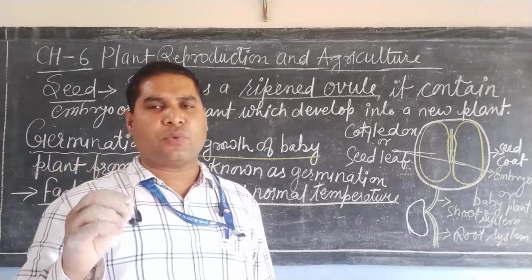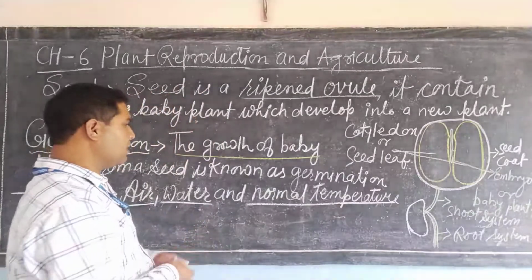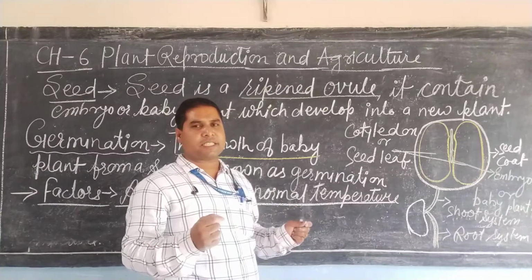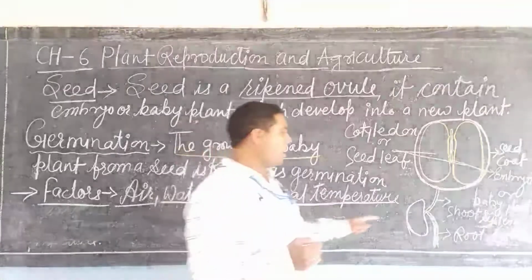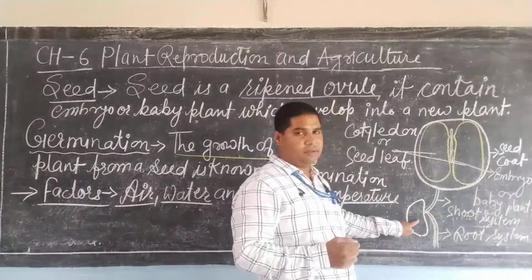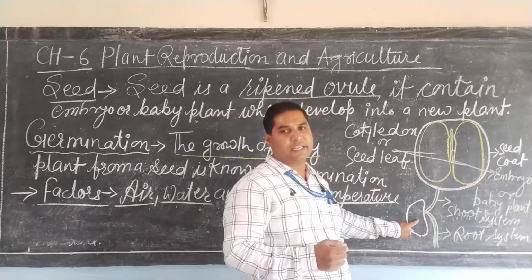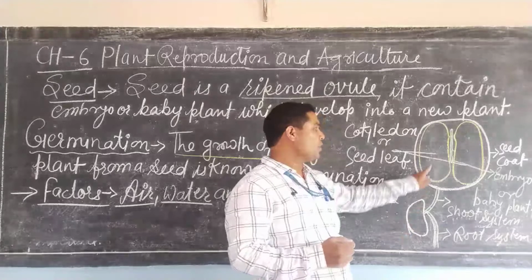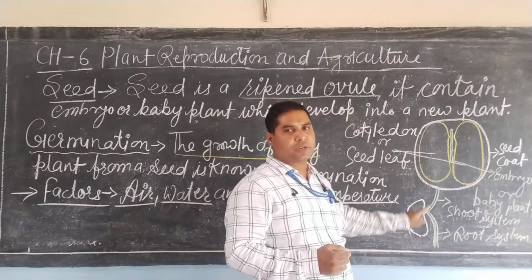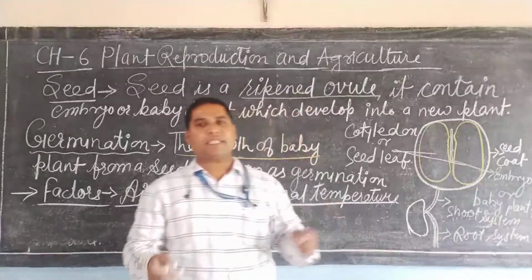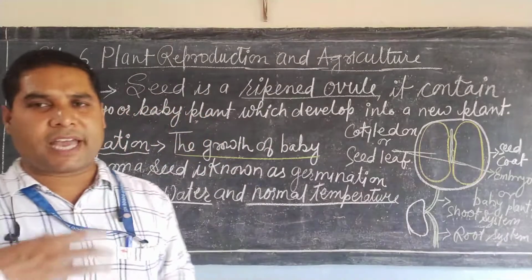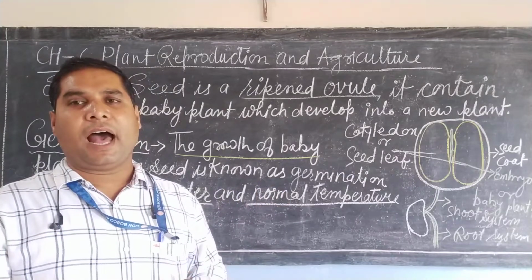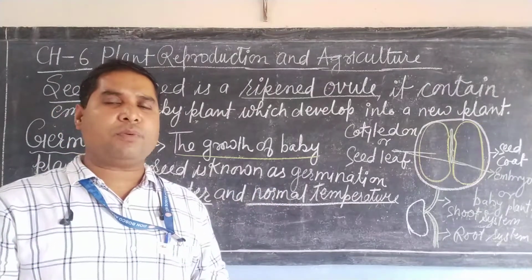When the leaves you see are not green, it means that the baby plant gets its food from the cotyledon. As I have told you, cotyledon serves as storage of food. Once the stored food is exhausted, the leaves turn green and are able to make their own food by the process of photosynthesis.